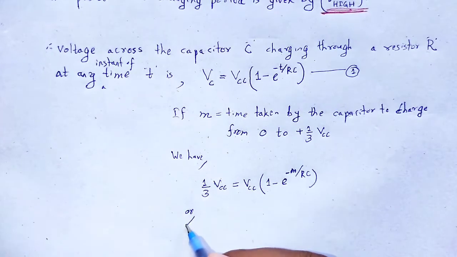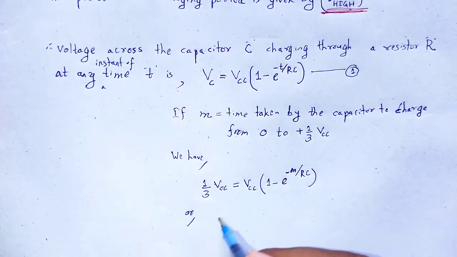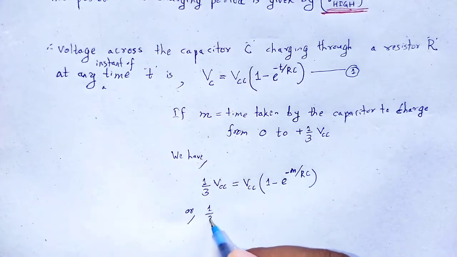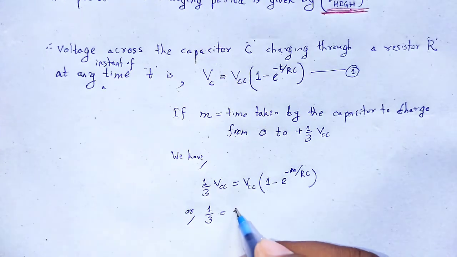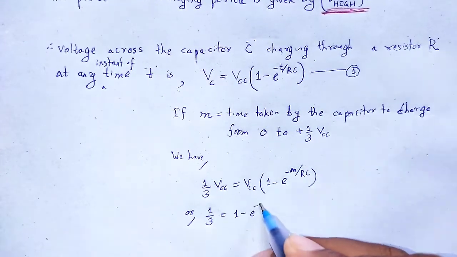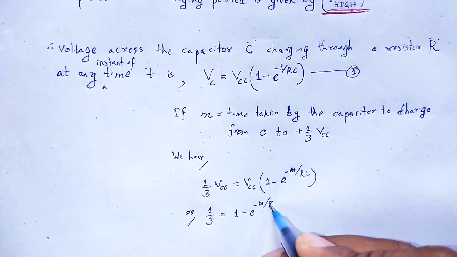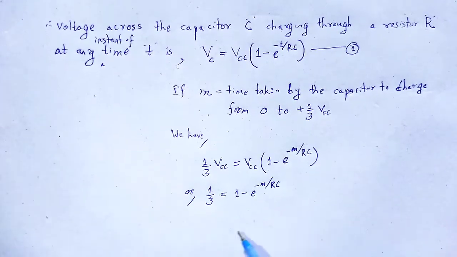VCC cancels out, so 1 by 3 is equal to 1 minus e to the power minus m divided by RC.